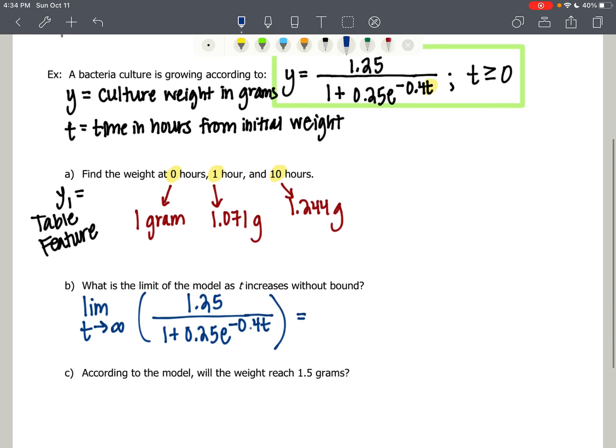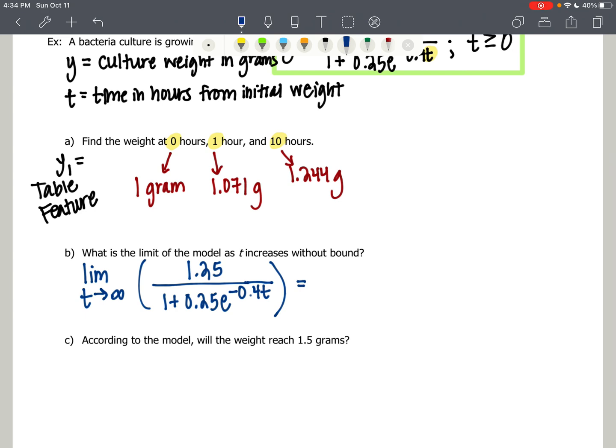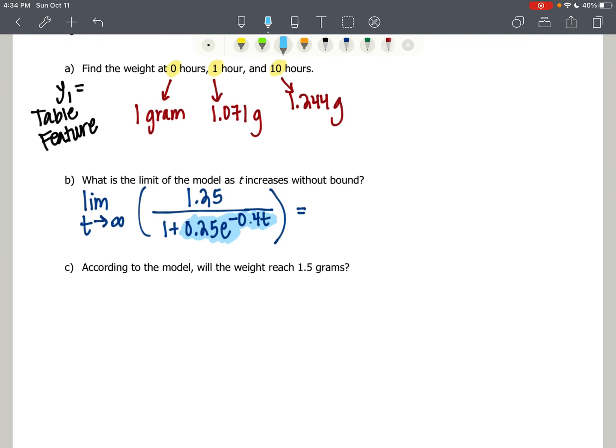What is this going to equal? As t gets bigger and bigger and bigger, this term is going to be closer and closer to 0. It's going to become insignificant.